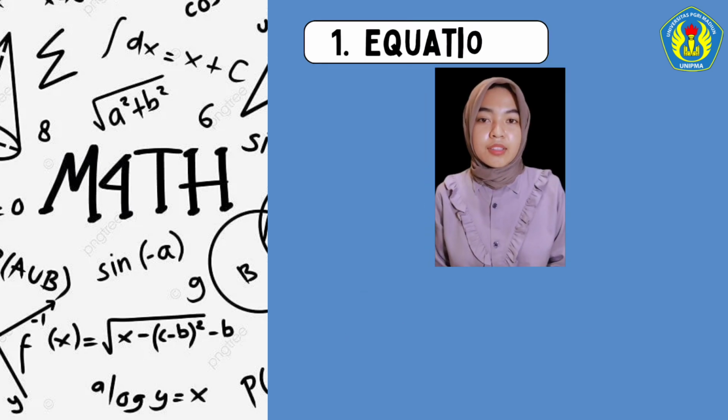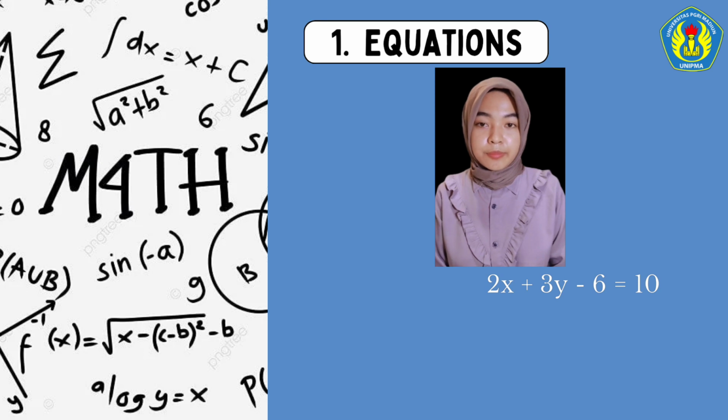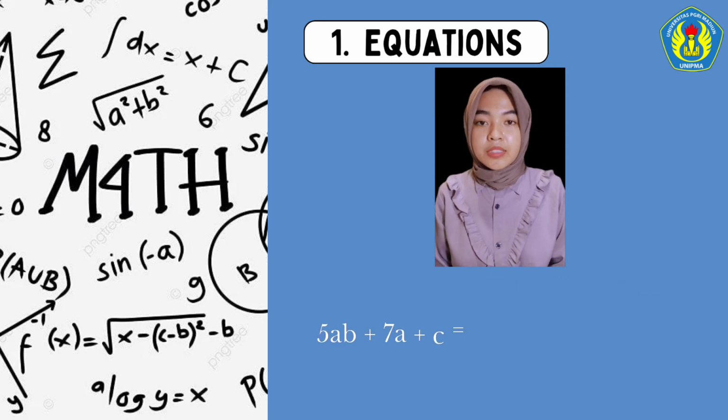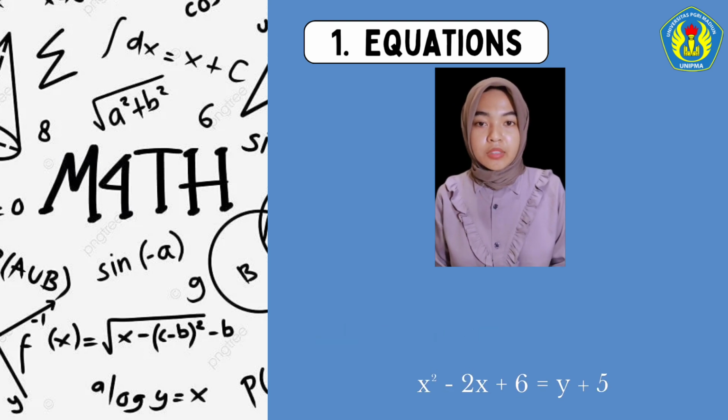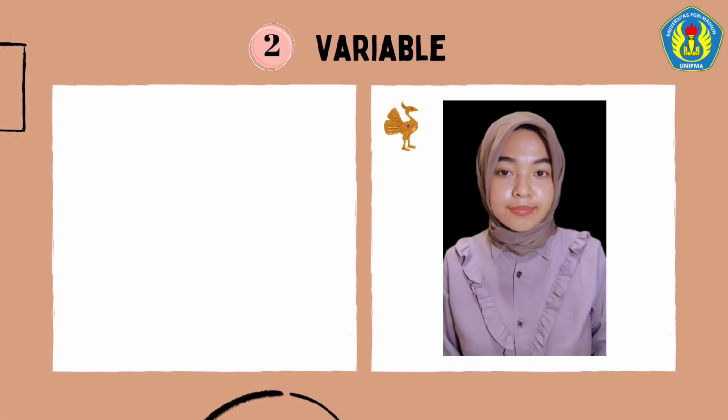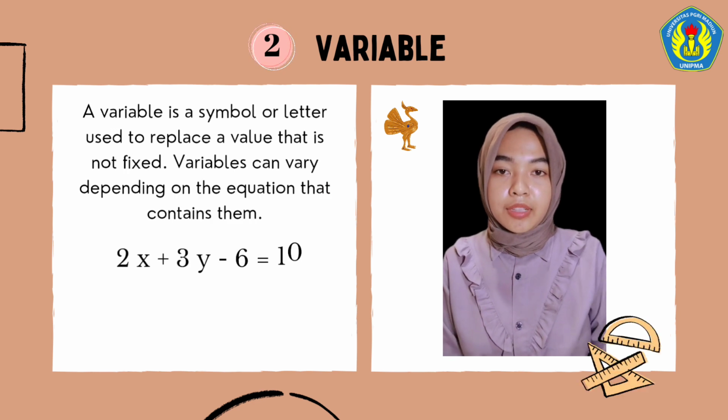For example, 3 = 2x + x, 2x + 3y + 6 = 10, 5ab + 7a + c = 21, x squared + 2x + 6 = y + 5. Second, variable.